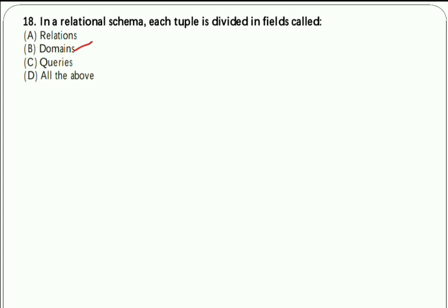For example, a domain of date is a set of all possible valid dates. A domain of integer is all possible whole numbers. A domain of day of week is Monday, Tuesday, Wednesday, up to Sunday. So this in effect is defining rules for a particular attribute. So option B is the correct option.